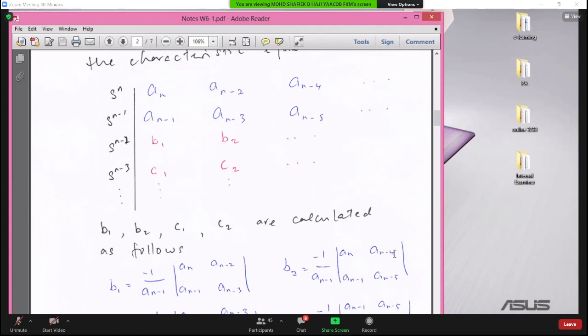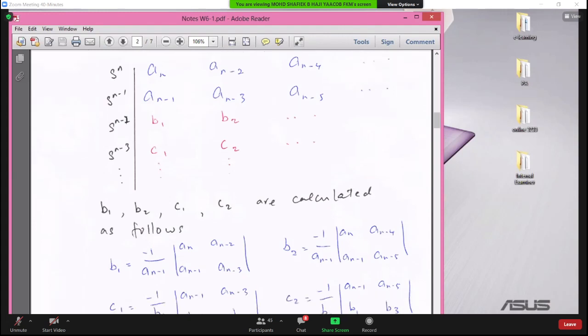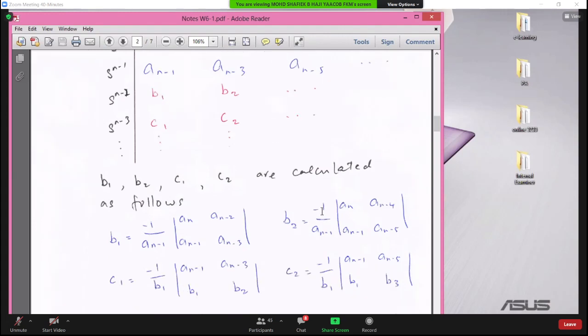You only change the second column. The second column for B1 is an minus 2, an minus 3. For B2, you look one column to the right, which is an minus 4, an minus 5. That is how you compute B1, B2 and B3. And similarly for C1 and C2, you look two rows above.